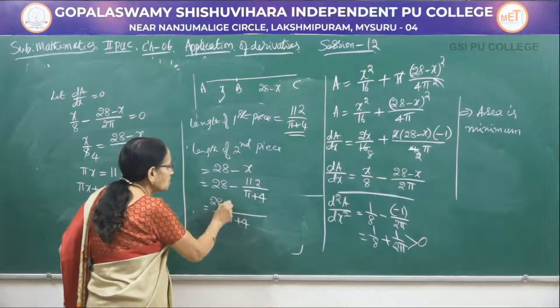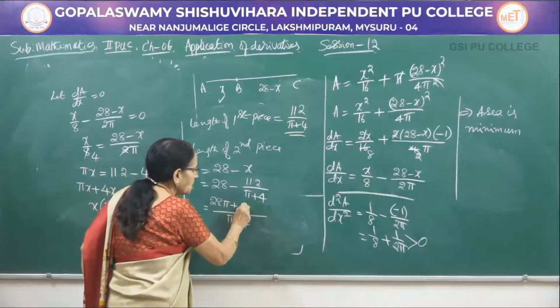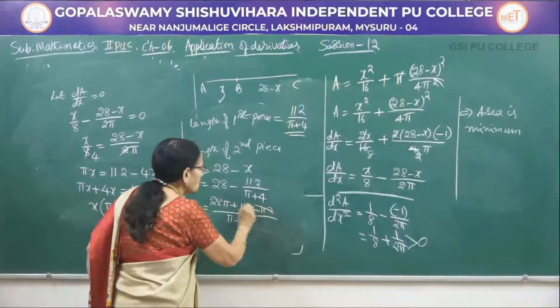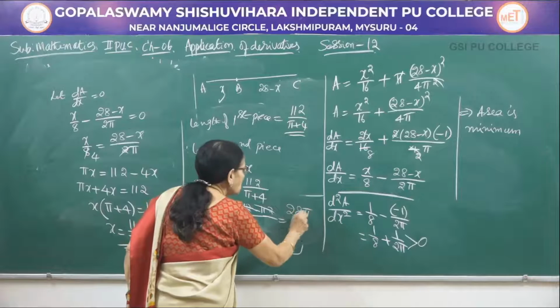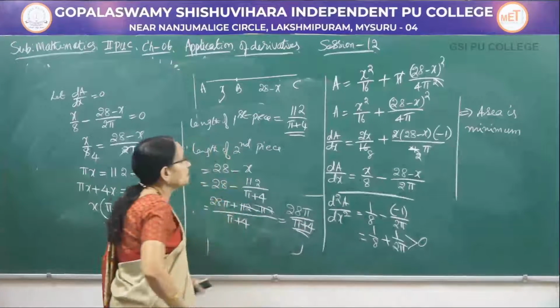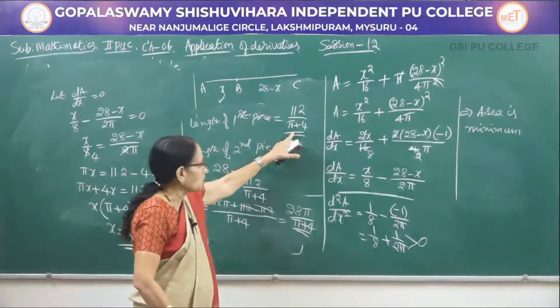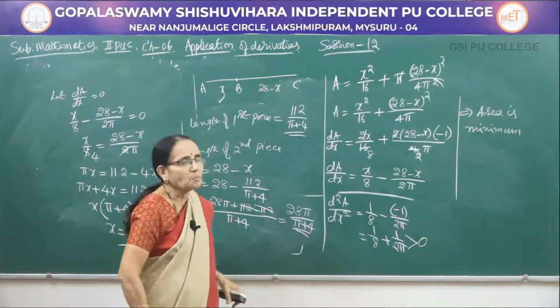So 28 into pi, 28 pi, 28 into 4, it is 112, and this is minus 112. These two get cancelled. What is remaining? 28 pi divided by pi plus 4. So, the length of the first piece is 112 divided by pi plus 4. The length of the second piece is 28 pi divided by pi plus 4.